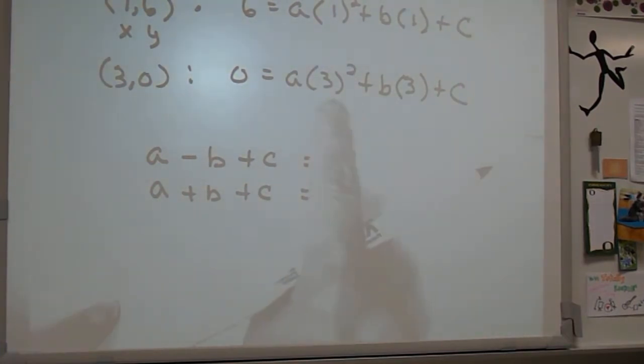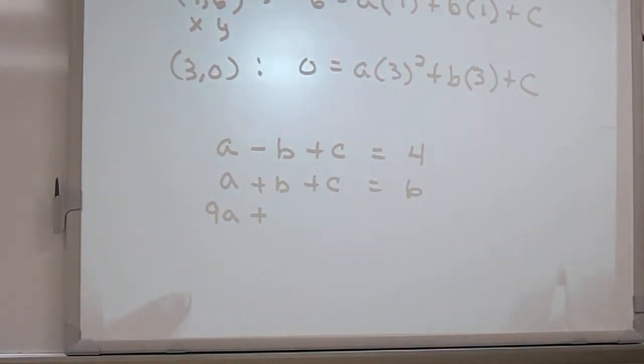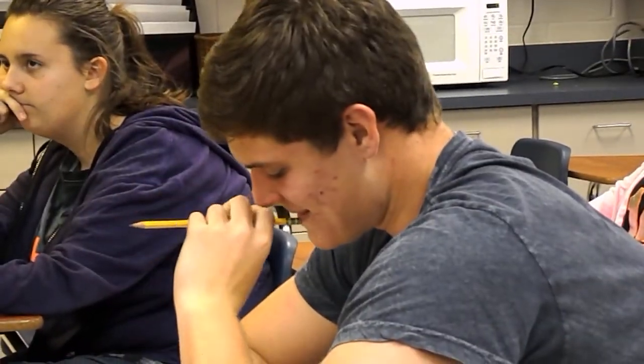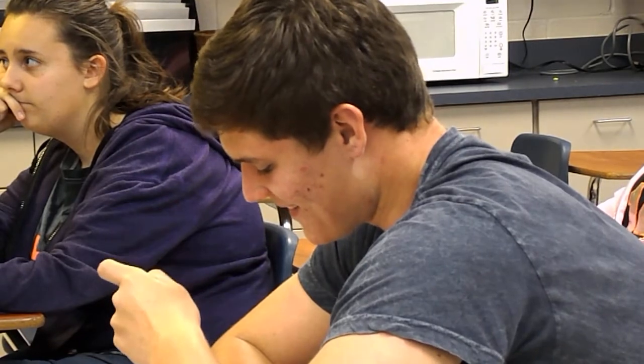Liz, what happens when you square the 3? Turns into a 9. So it'll be 9A plus, Colton, what comes next? 3B. Very good. Equals 0.